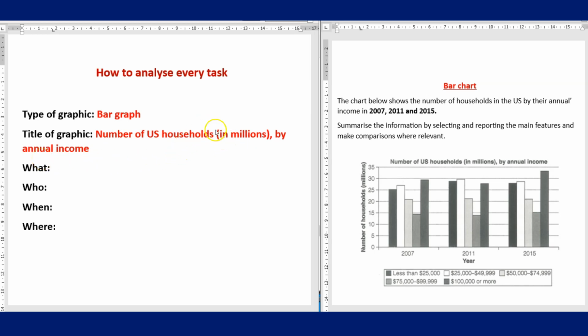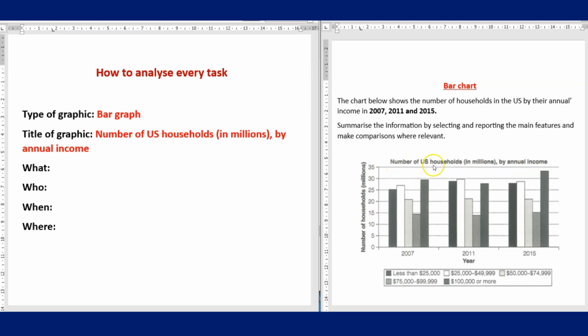So in the title, we have been able to find out the unit of measurement. We know that these are in millions. So if you take 5, this is 5 million households, 10 million households, 50 million.